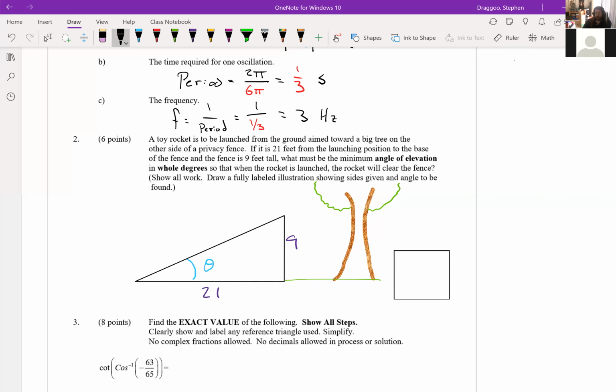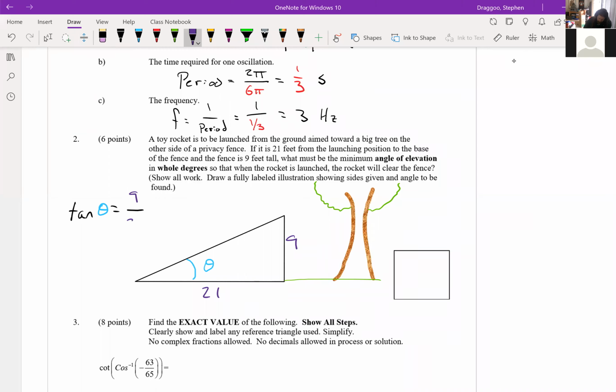And putting together what we know, we've got an opposite side and an adjacent side. So we should have tangent of theta equal to opposite over adjacent.